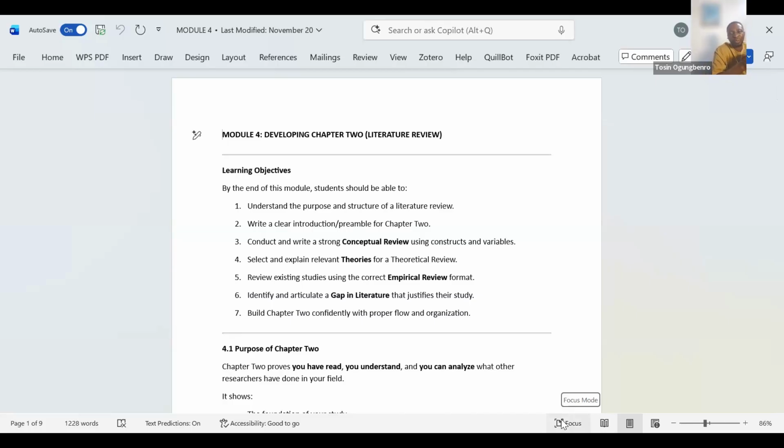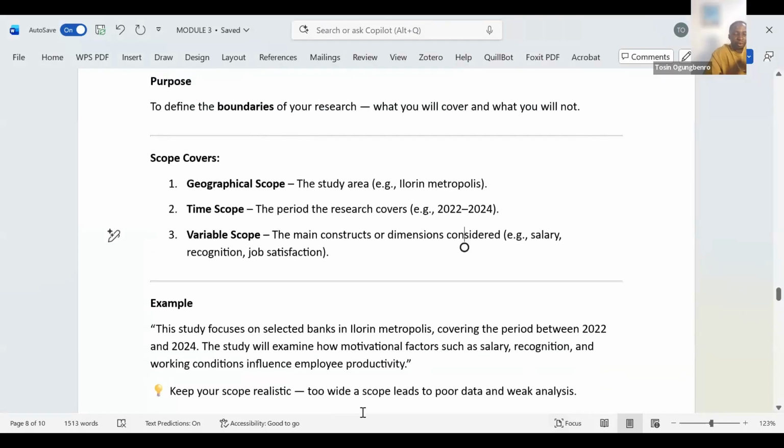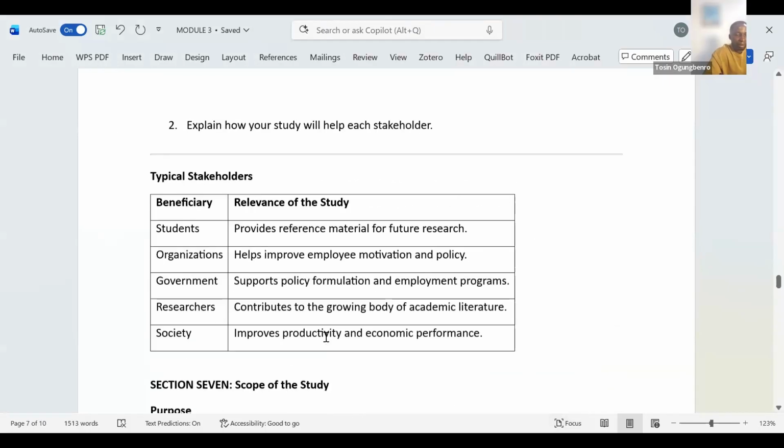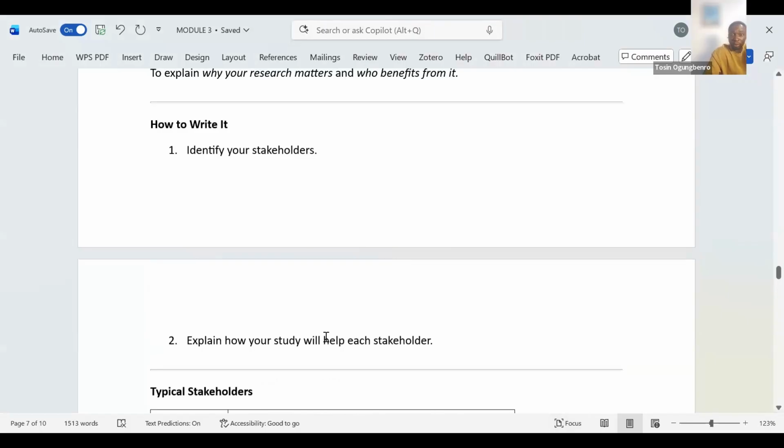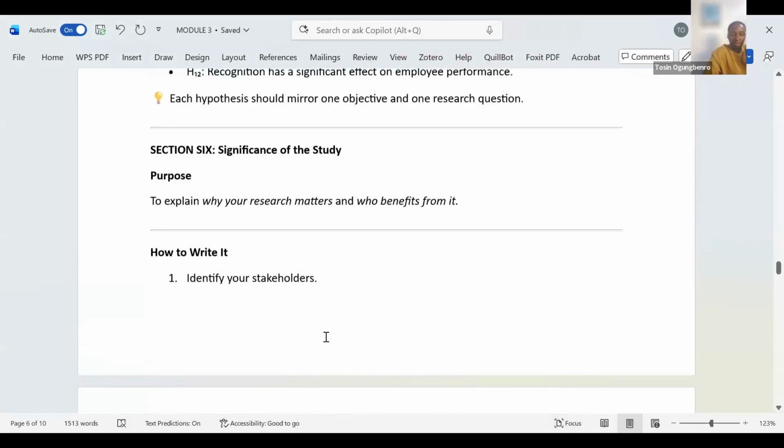How do you know the research hypothesis based on your methodology? I've said your hypothesis should flow from your research question and your research objectives. That's where your hypothesis should come from. But if you are using just one hypothesis, then your hypothesis can come from your topic, more like your general objective.